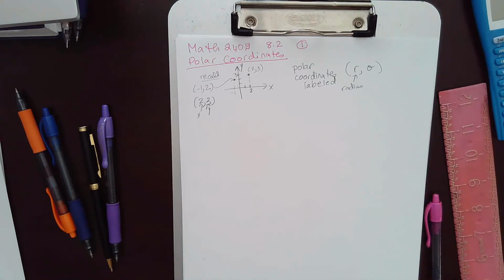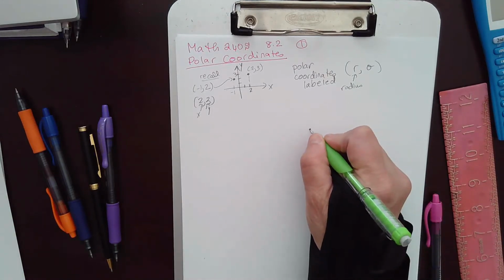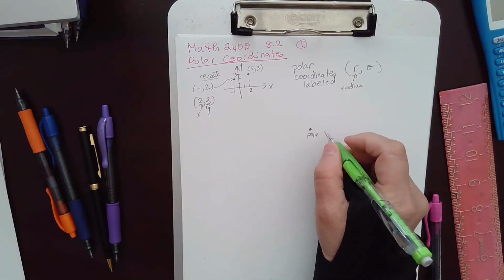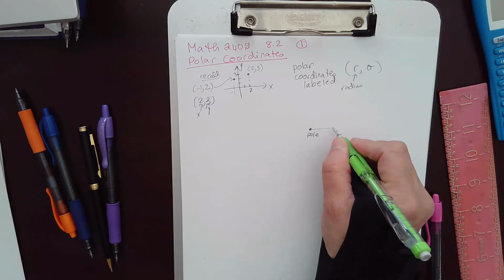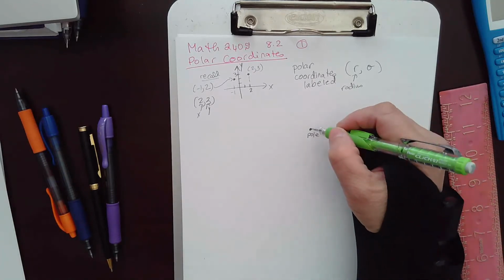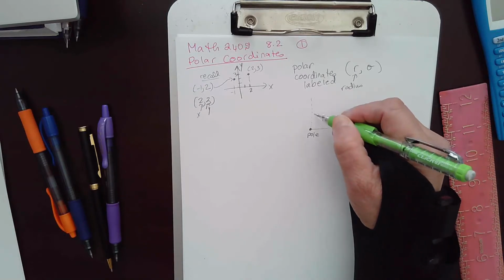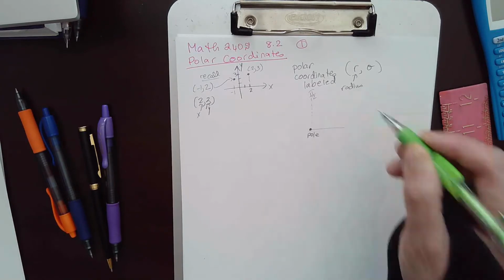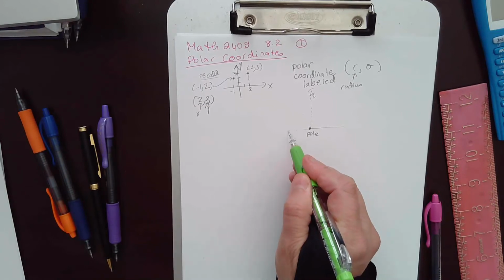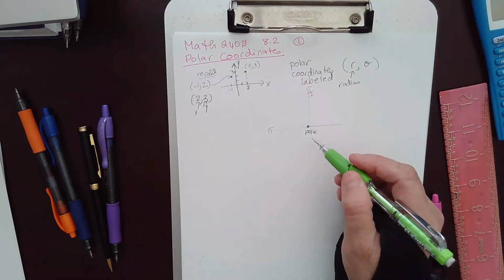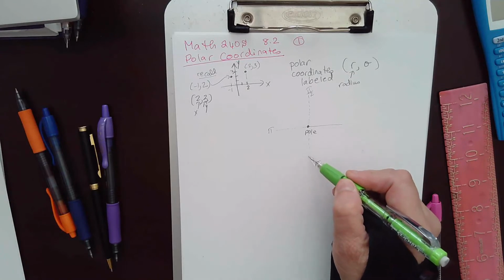Here you have what we call the pole. Okay, and these are going to be your angles. So here you have pi over 2. Here you have pi, right? Here you have 3 pi over 2.